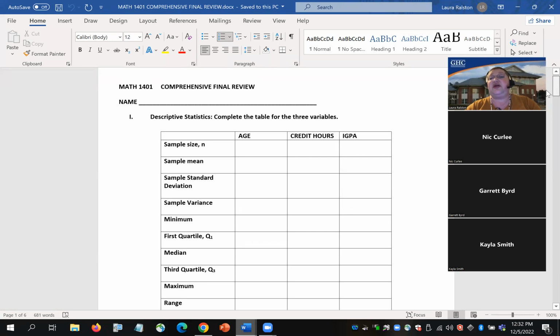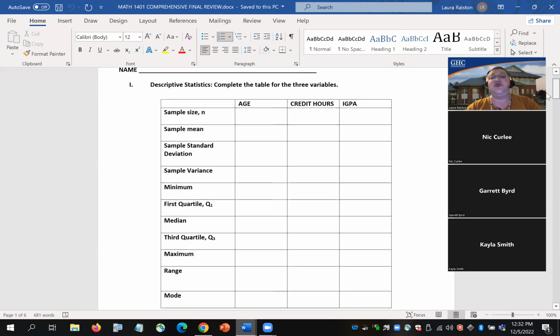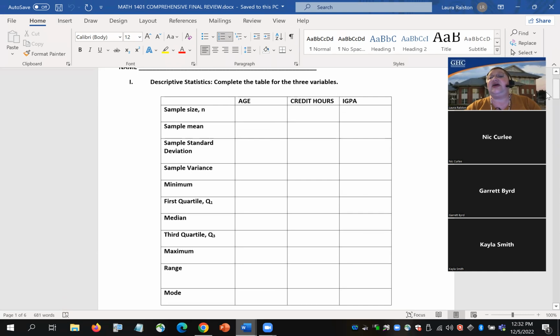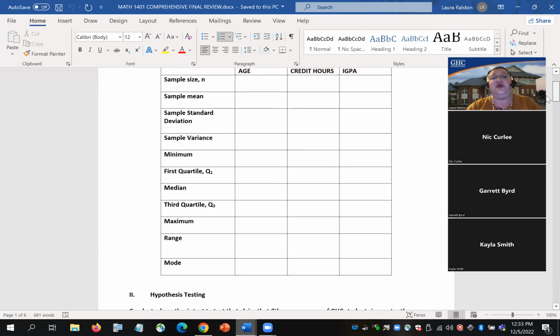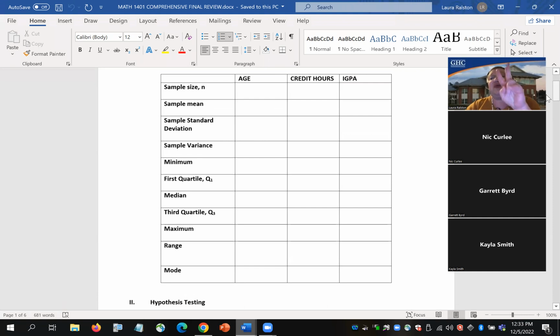The first part of the test is you have to calculate the descriptive statistics for, in this case, 3 different variables. I will give you those data sets for the final exam. You will have to use your fingers to type them into Minitab and calculate the descriptive statistics, which we learned how to do in Module 2.